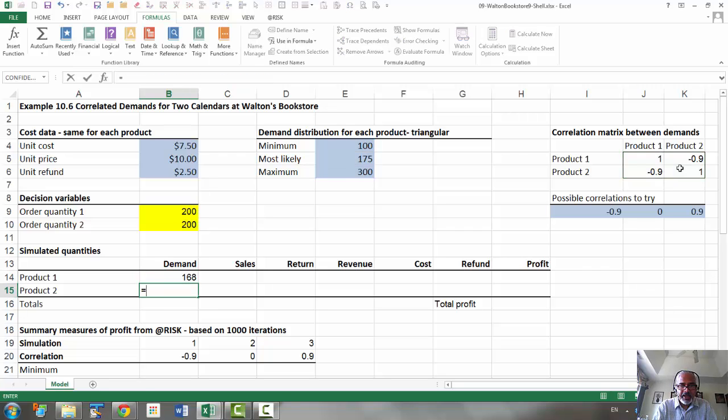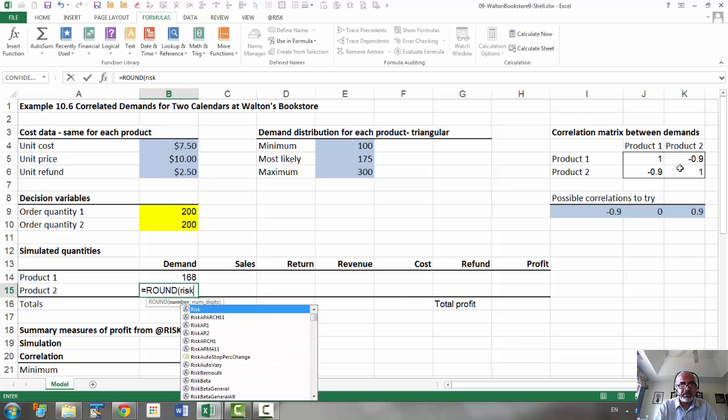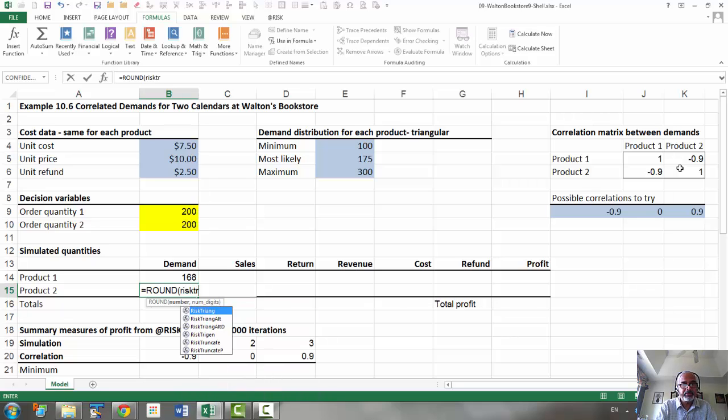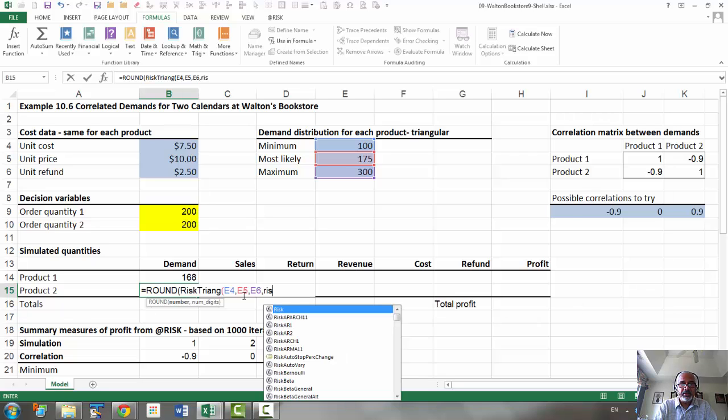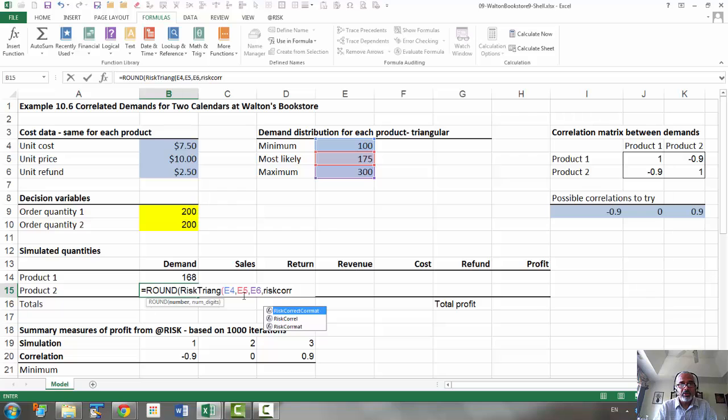And we repeat the same here: ROUND, RiskTriang. Since these are the same parameters for this triangle, we use the same 3 cell references, and then RiskCorrMat that. This time it is for product 2, so product 2, comma 2, and then 0 for rounding.